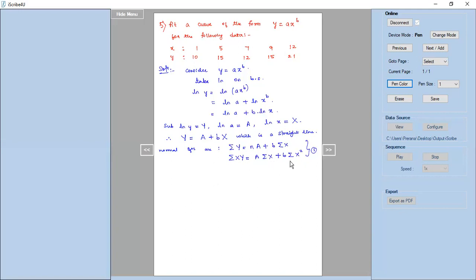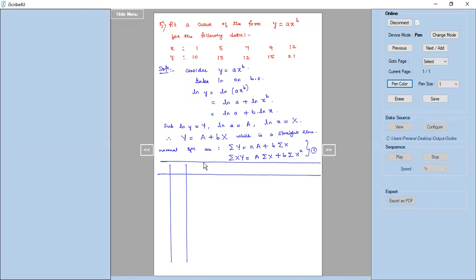Now let us prepare the relevant table. The first two columns will be for small x and small y, that is the given data for us. So we'll write down small x in the first column and small y in the second column, followed by capital X and capital Y. We have taken capital X as log x and capital Y as log y.